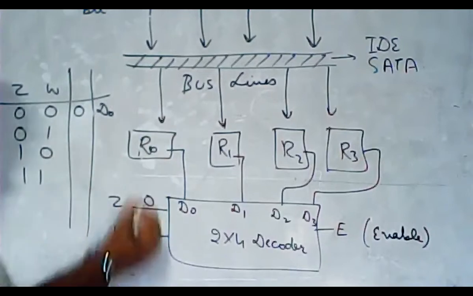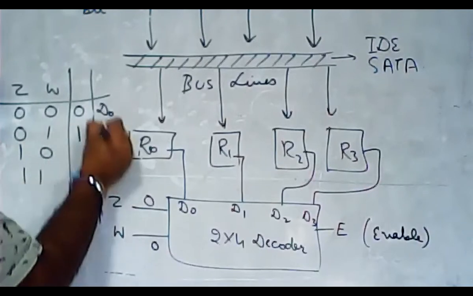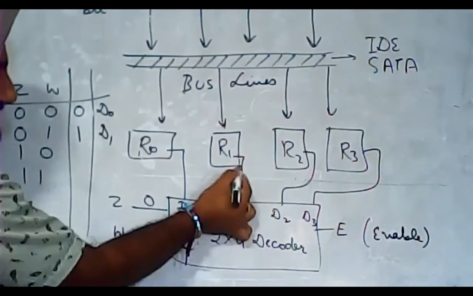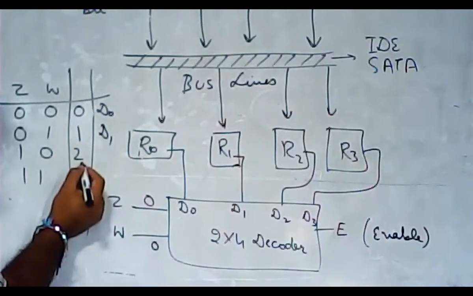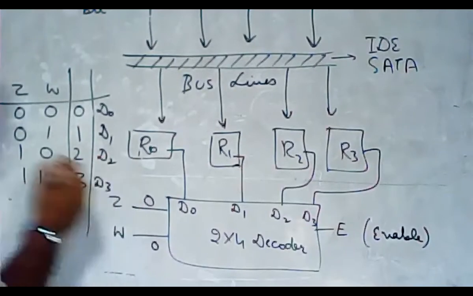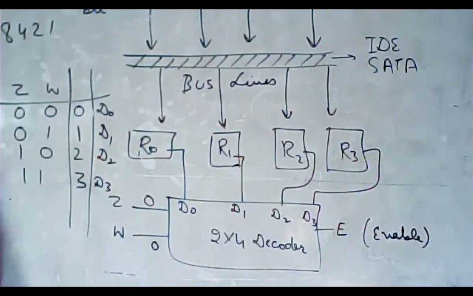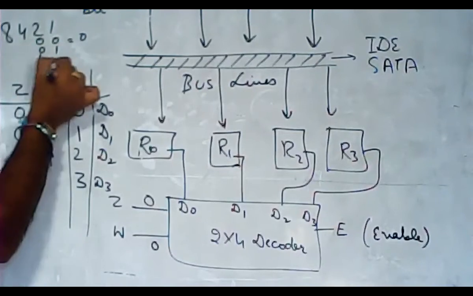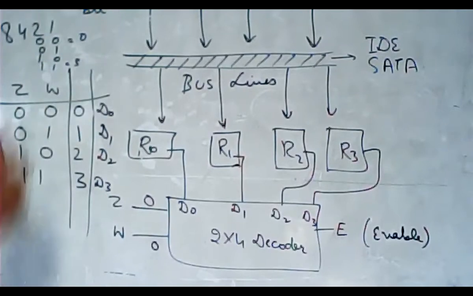If you pass 0, 1, the decimal value is 1, D1 will be activated, and with D1 the R1 register is attached. Similarly, for 1, 0 the decimal value is 2 and for 1, 1 the decimal value is 3, so D2 and D3 will be activated. This is according to the 8421 rule: 0, 0 means 0, 0, 1 means 1, 1, 0 means 2 and 1, 1 means 3.